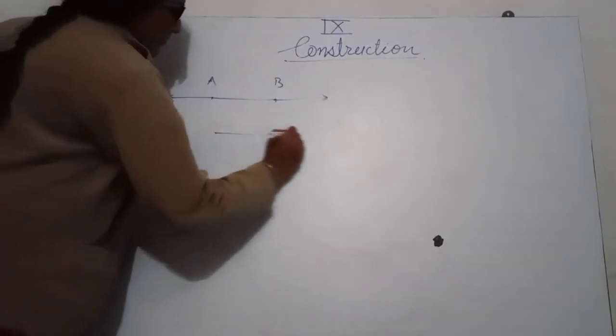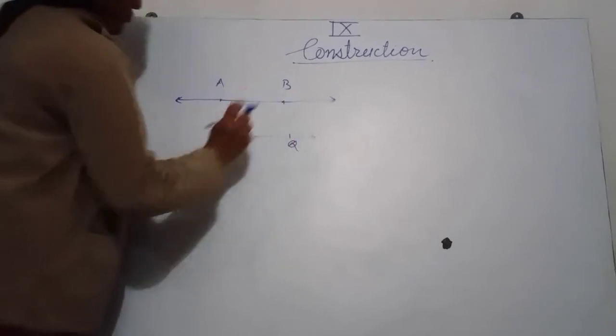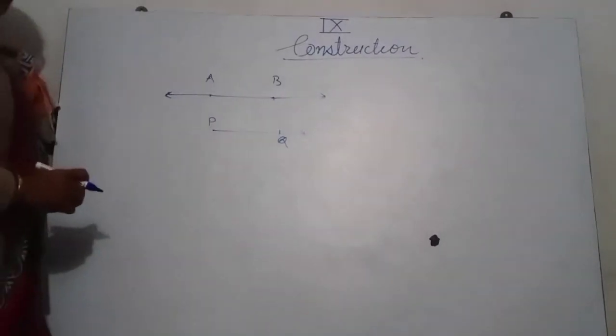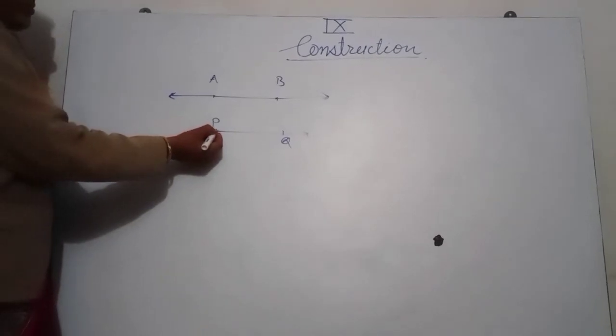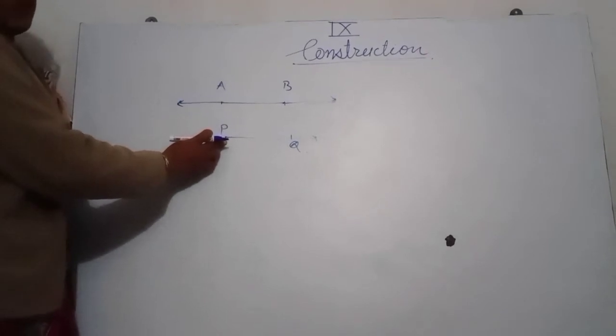Now this is P, Q. This is an arrow. One point, this one, is the origin.